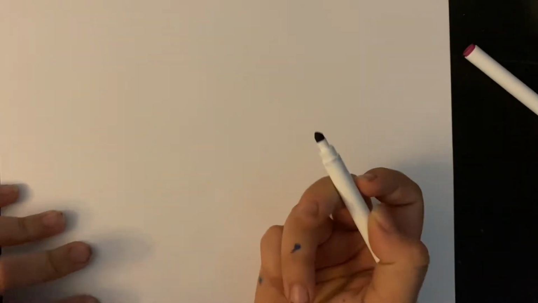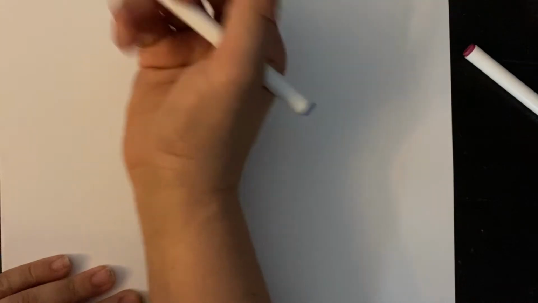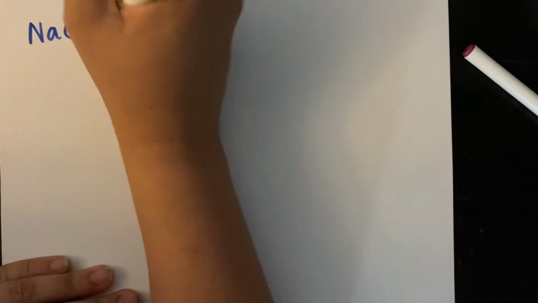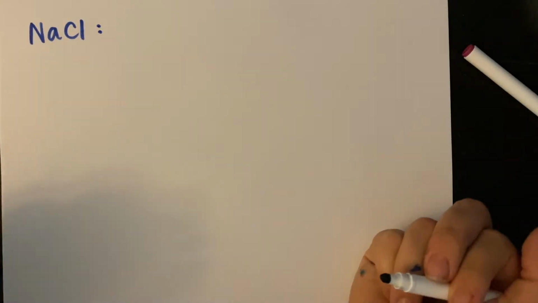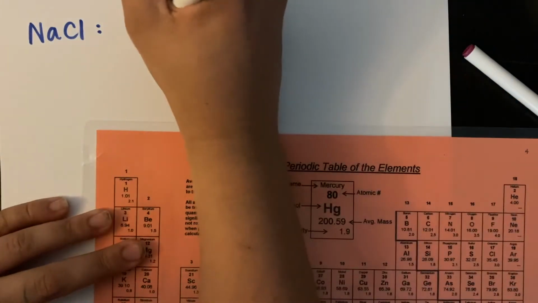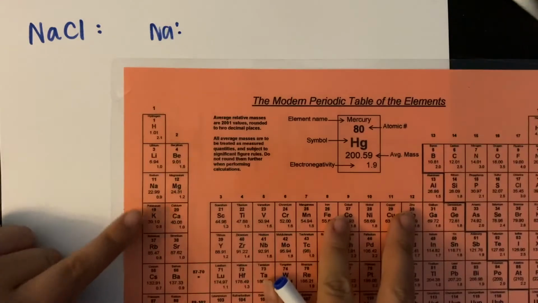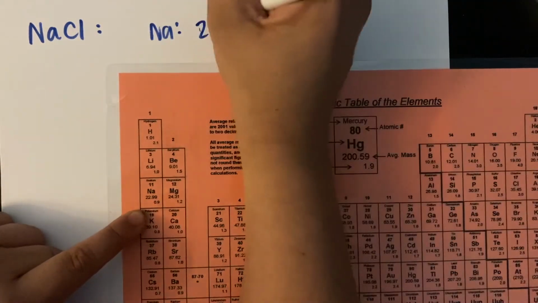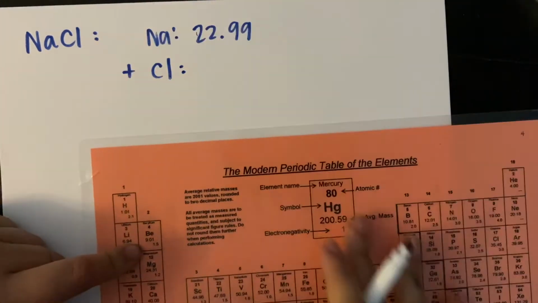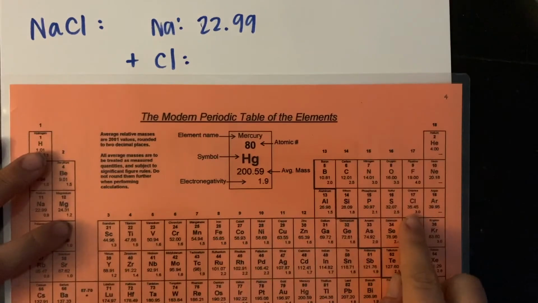What if you had to figure out the molar mass of NaCl? In this case, when you have 2 elements, you just add them both up. So sodium, 22.99, plus chlorine is 35.45.